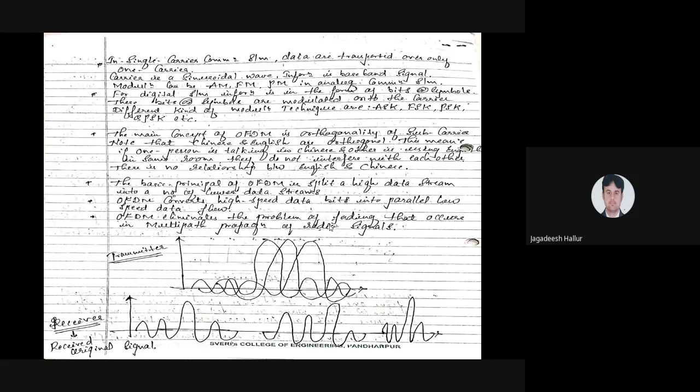So if many users are speaking in different languages, that is orthogonal. Different signals, different languages, have to be taken care of by this OFDMA technique. The same language spoken at one end has to be understood by the same person at the other end.